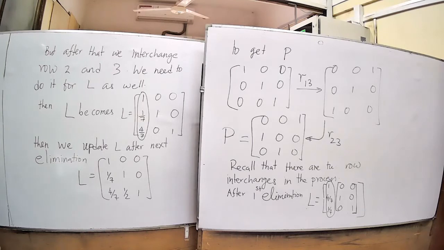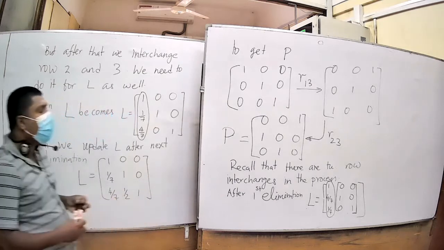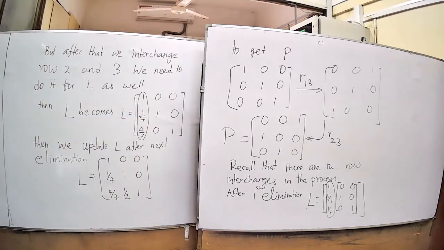So this is important, especially this transformation you have in L, in the PA equals LU factorization. P is new for you, but that is easy because you just apply the row interchanges to an identity matrix in that order to get P. But the important part is that whatever row interchange you are doing, you have to do it on L as well. In that corresponding column, you may have to do that as well.